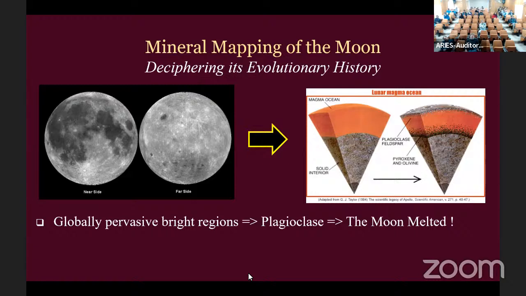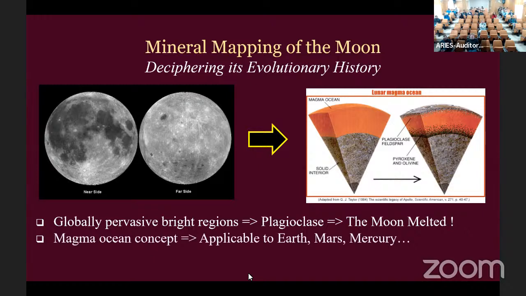Now the question comes, how much of it? That gets into detail. But this is one example where the knowledge about what we call the global magma ocean came from the earth, and then the moon is so small and the moon melted.